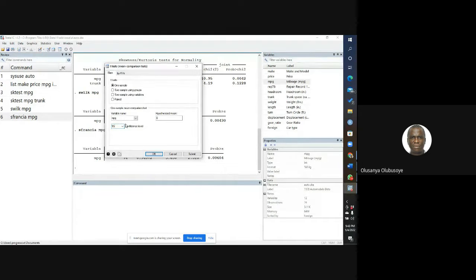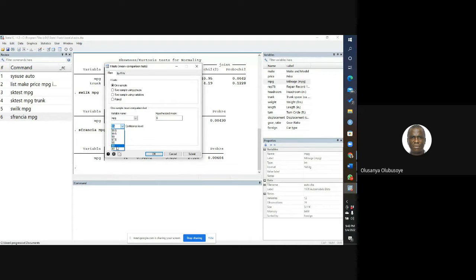These are other ones you could choose. If you choose 99%, it means your alpha level is 0.01. That is, alpha is equal to 0.01.